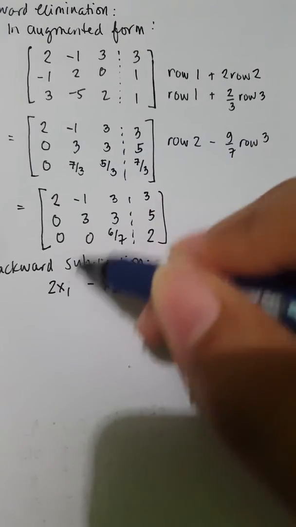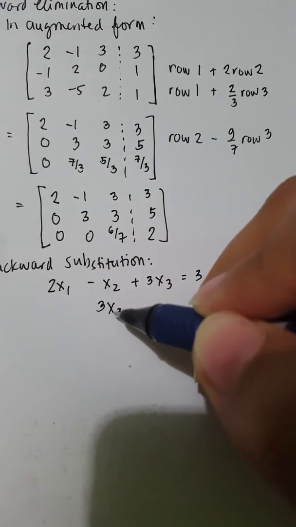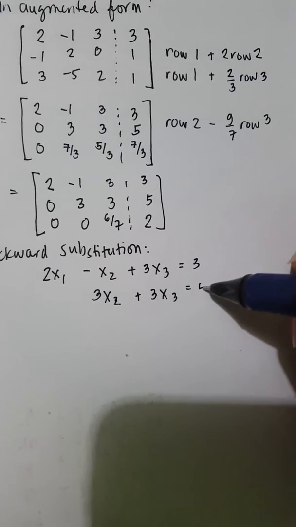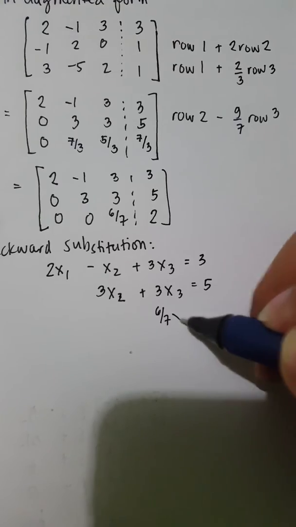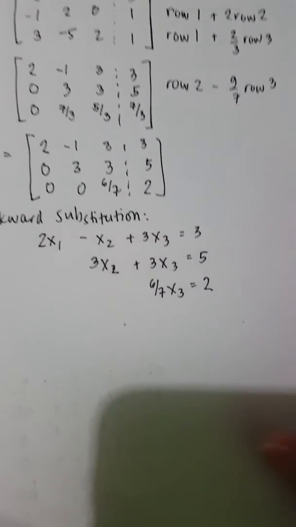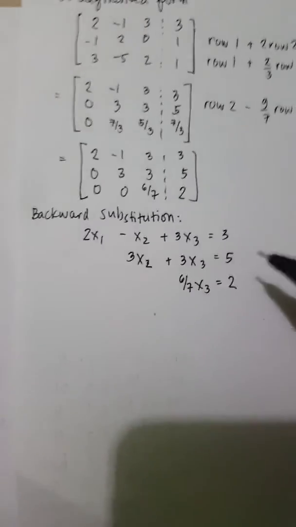We have now 3x2 plus 3x3 that is equal to 5. And we have 6 over 7 x3 is equal to 2. So, with these three equations, pwede na nating ma-solve yung value ng x1, x2, and x3.